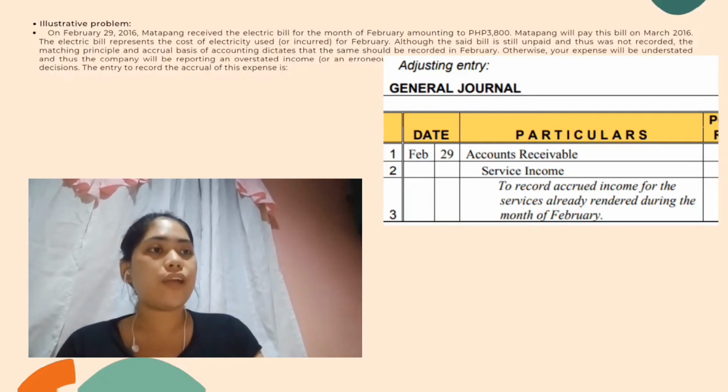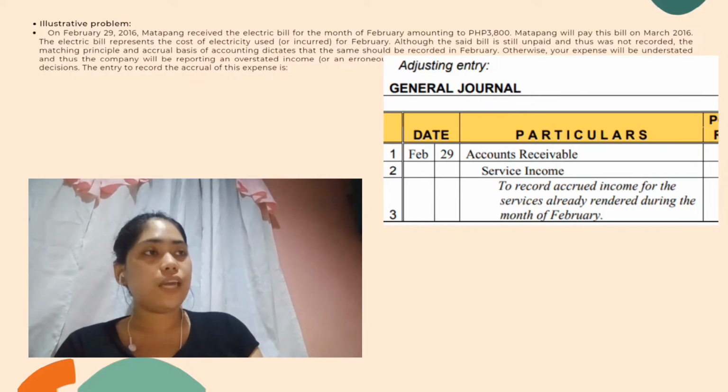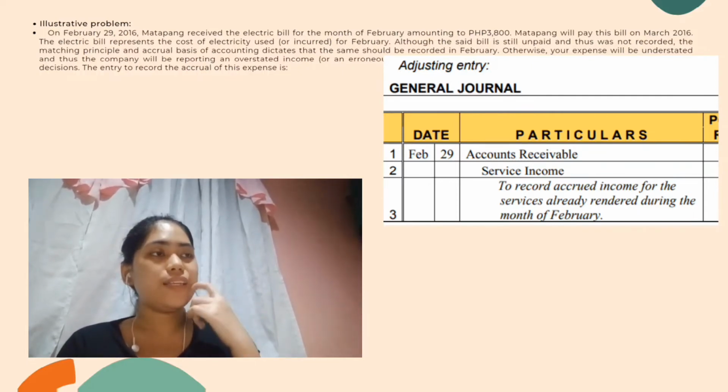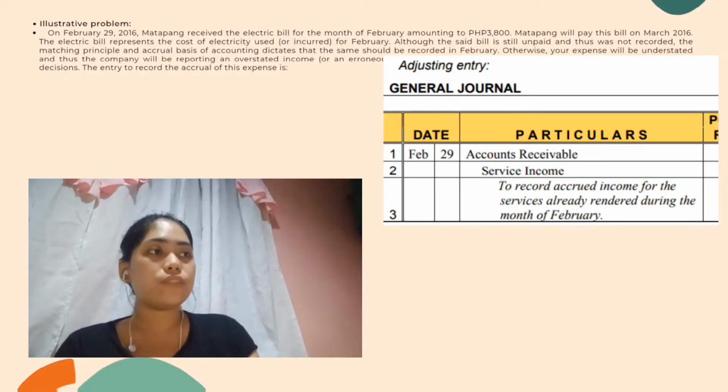The entry to record the accrual of these expenses is here in the presentation. You can see the adjusting entry, which is the general journal. You can see that on the date February 29, in the particulars, they put the accounts receivable, which is the amount that the company needs to receive from Matapang.